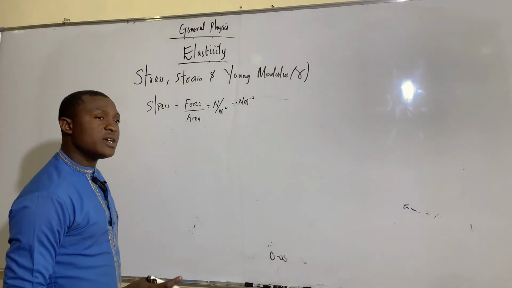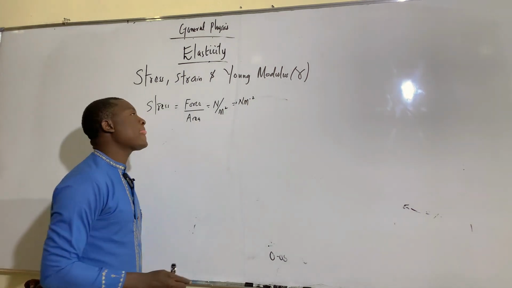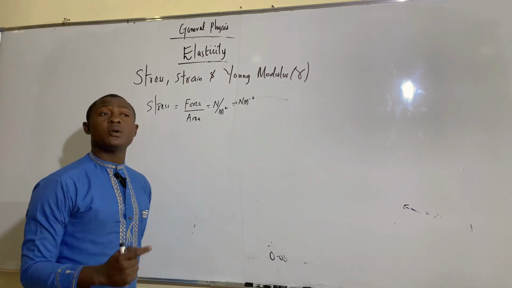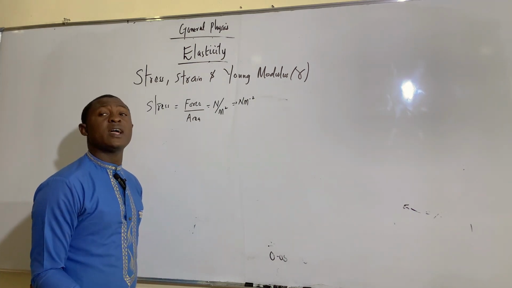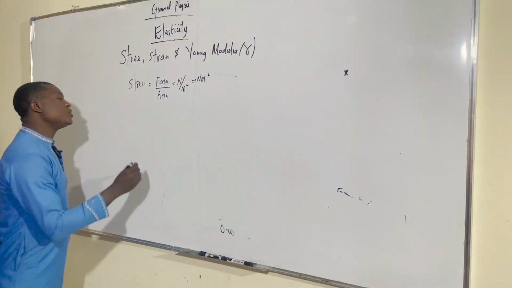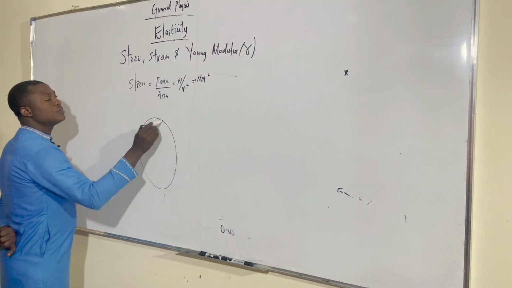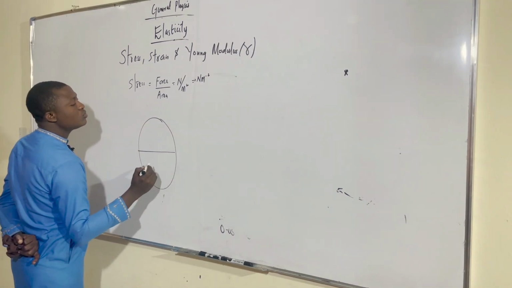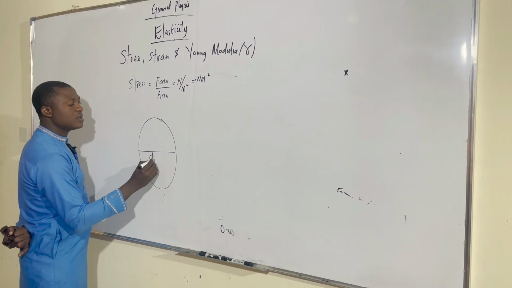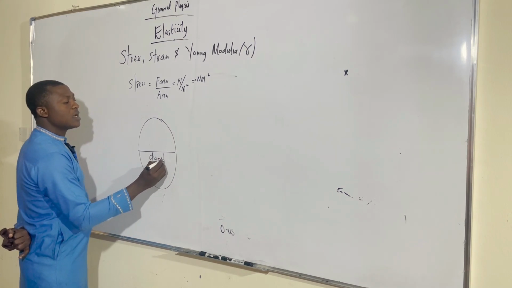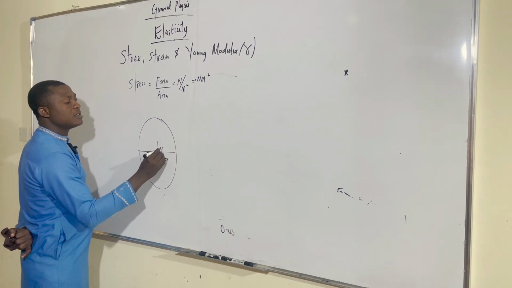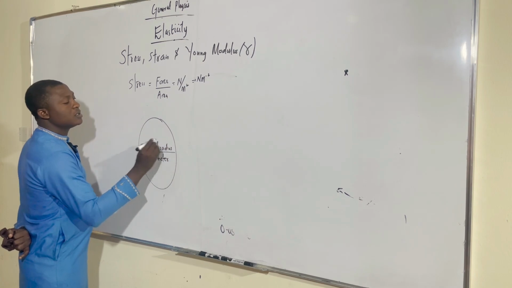But another situation is that maybe you are solving a problem and the area is not given. Maybe we are given the value of either diameter or radius. In mathematics, this is a circle. The line that divides the circle into equal parts is called diameter, and half of a diameter is called radius.